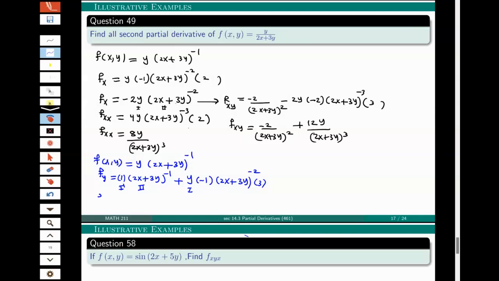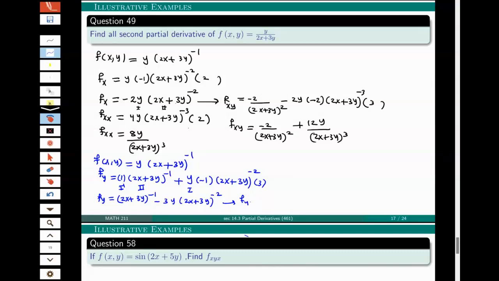Now, that will be f sub y is equal to 2x plus 3y raised to the power minus 1, and here I have minus 3y times 2x plus 3y raised to the power minus 2.